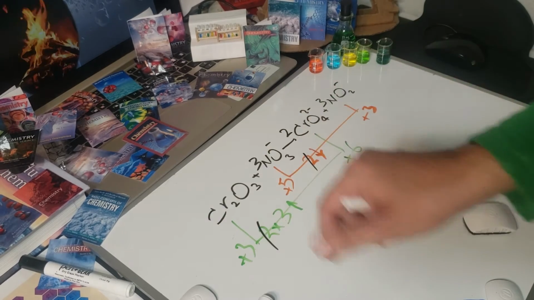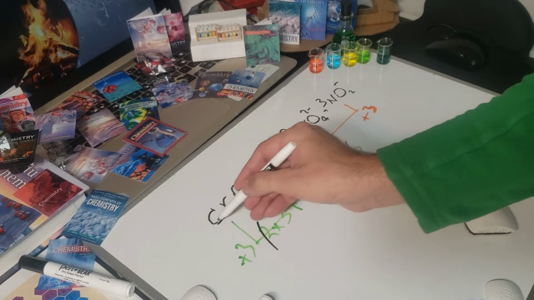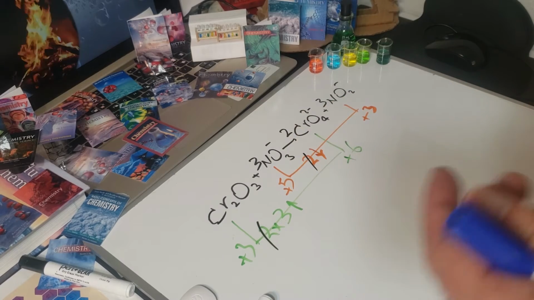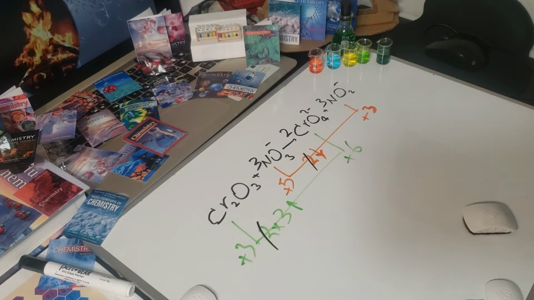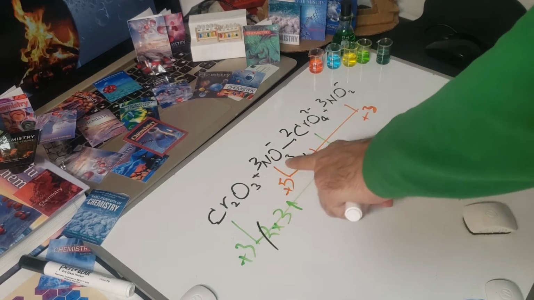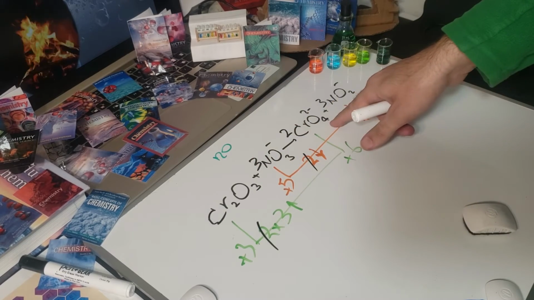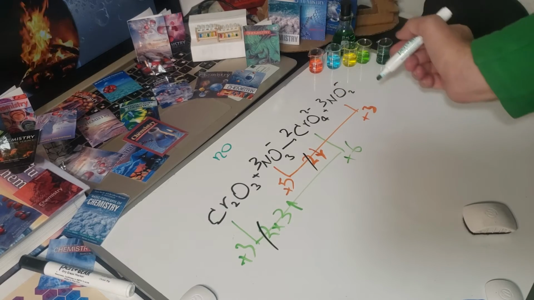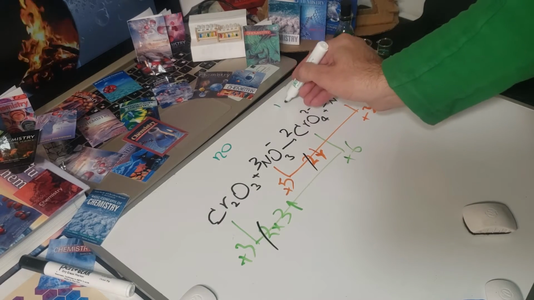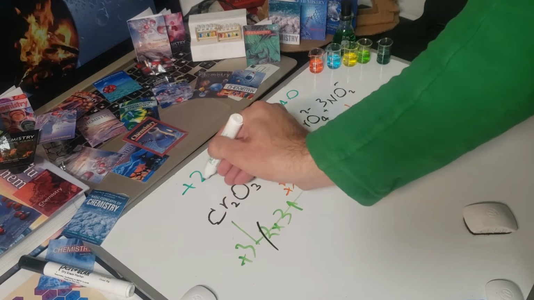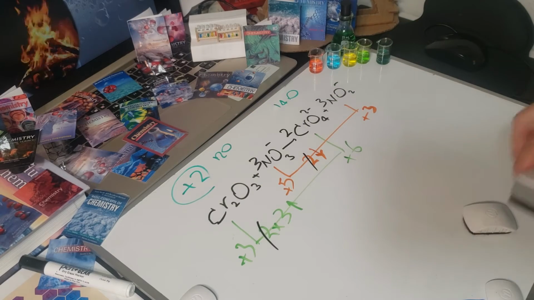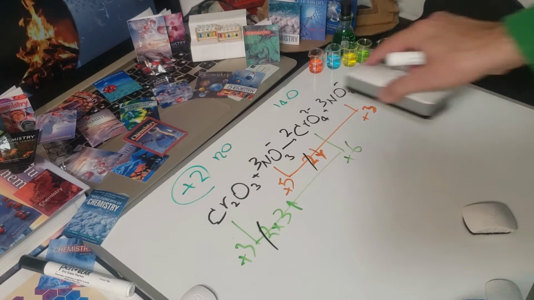Let's just get rid of this 1 here. And let's now count the number of oxygens. I have 3 oxygens here, also 9, so 12 oxygens. And I have 8 oxygens and 6 oxygens, so I would have 14 here. So I need 2 over here.